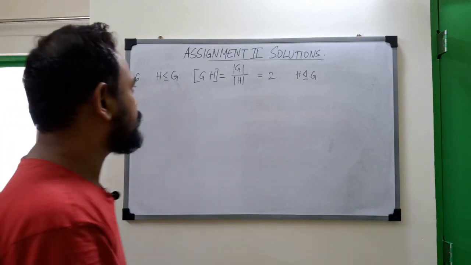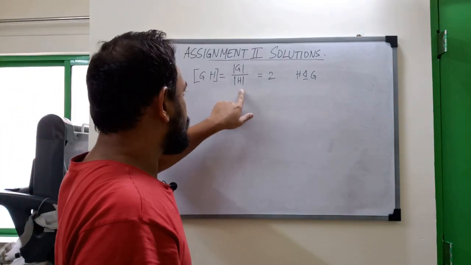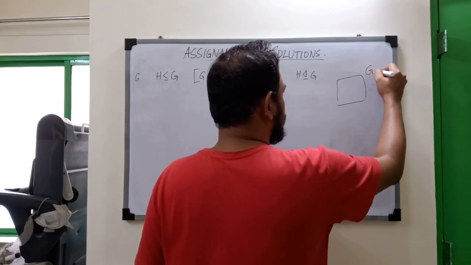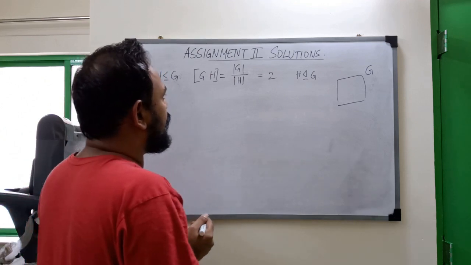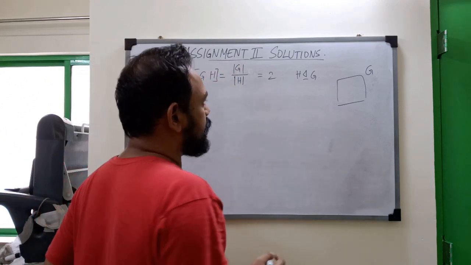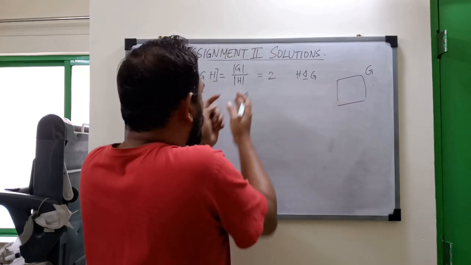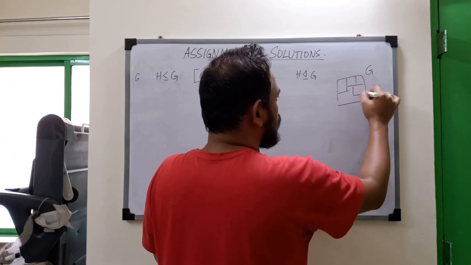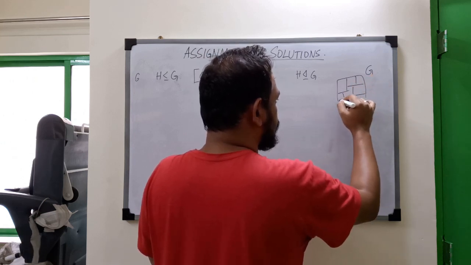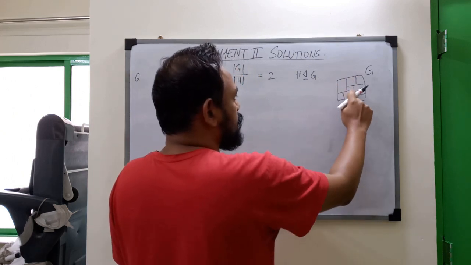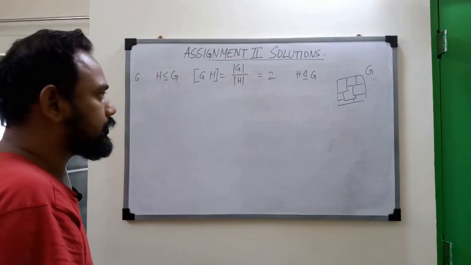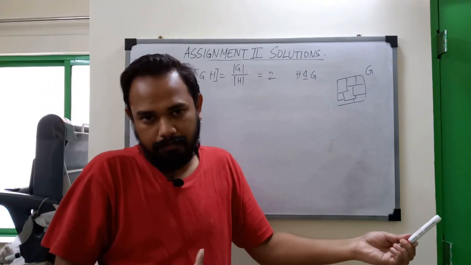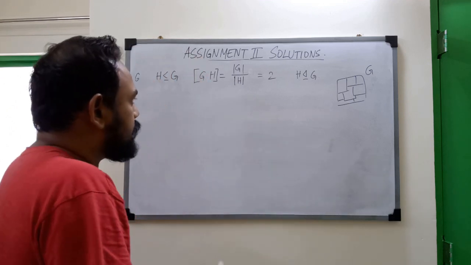Well, if you remember, if this is G, the entire set G, then all the left cosets, for example, of H partition G into these disjoint sets. Left cosets could either be equal to each other or they would be absolutely disjoint. So therefore, they partition G.